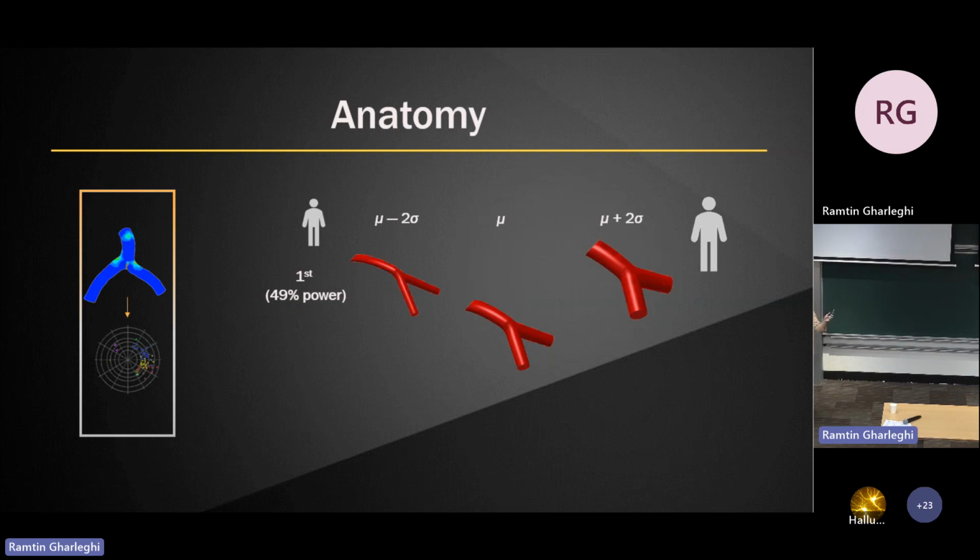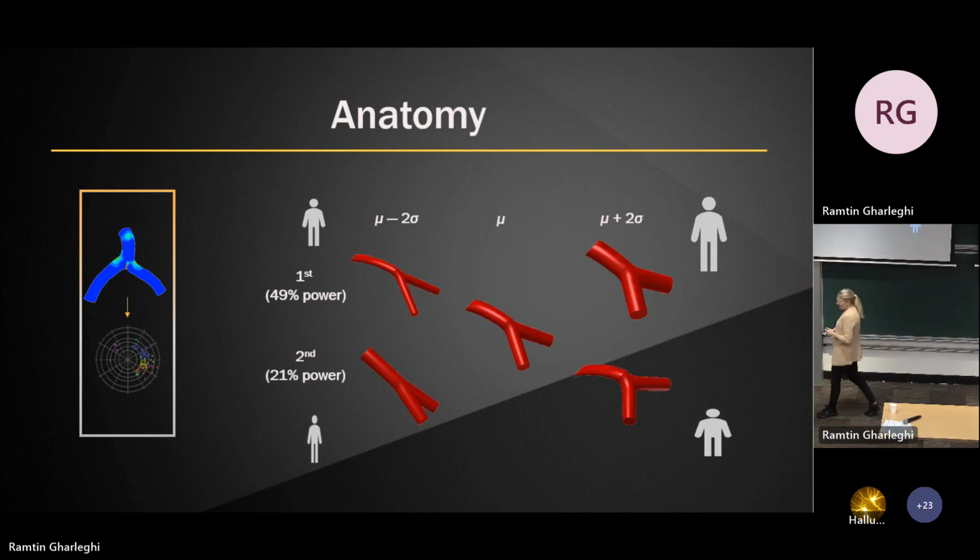On the left, we have the standard deviation within a population, an idealized model of the left main first branch of the coronary tree coming down. On the right, we have the +2 standard deviation, where we can see it changes a lot in size, with a power of nearly 50%. Then the second most powerful mode of variation is curvature. Again, the idealized models on 2 standard deviation on the left and 2 standard deviation on the right, with the idealized median in the middle.